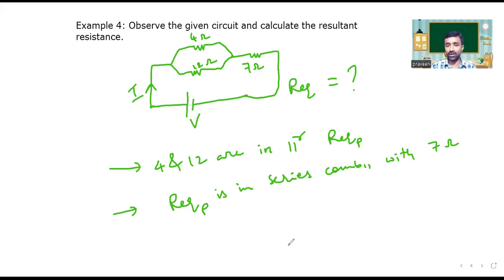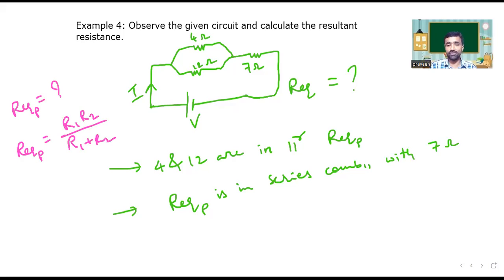So 4 and 12 are in a parallel combination. Then what can I do? I will find the equivalent resistance of those two resistors. So what is the formula? 1 by REP, or directly, since two resistors are given, you can use the formula: R equivalent in parallel combination equals R1 into R2 by R1 plus R2.